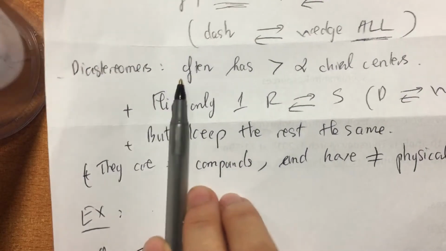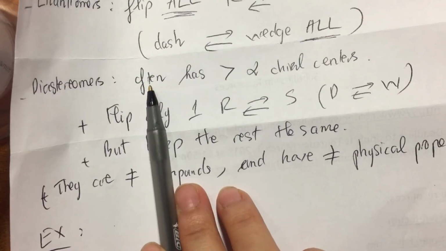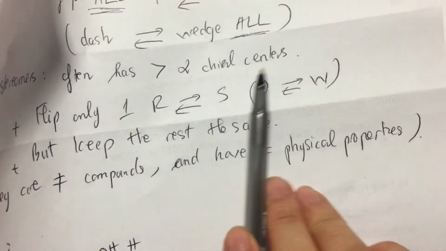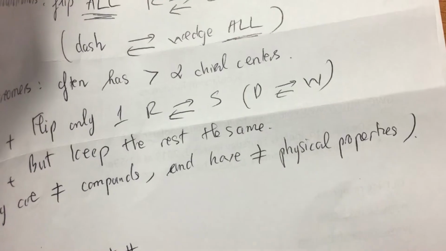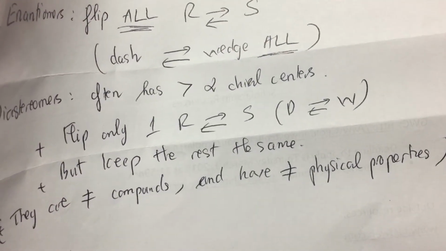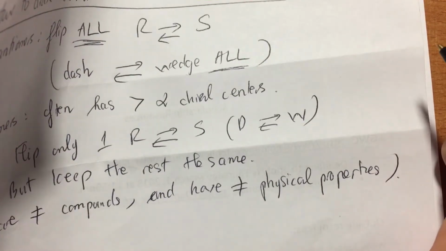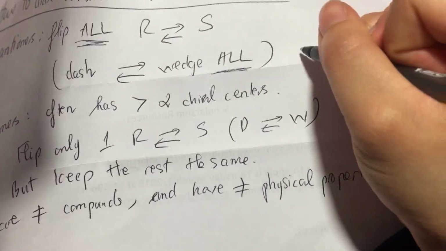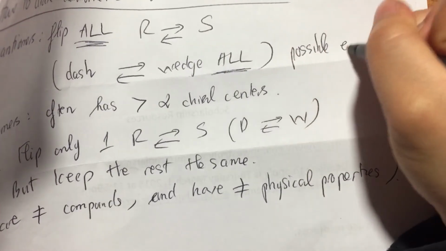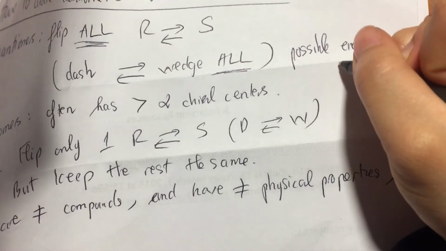So for diastereomers, usually a compound will have diastereomers if it has more than 2 chiral centers. If they have more than 2 chiral centers, we consider whether it has diastereomers or not. And also I have a formula for the possible enantiomers and diastereomers.